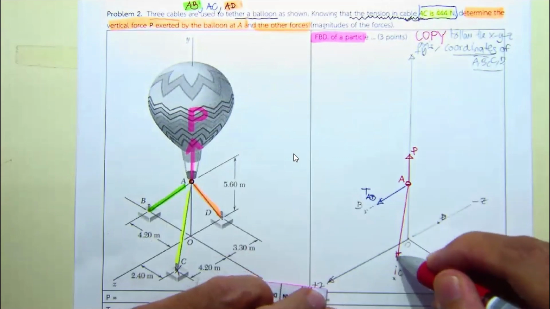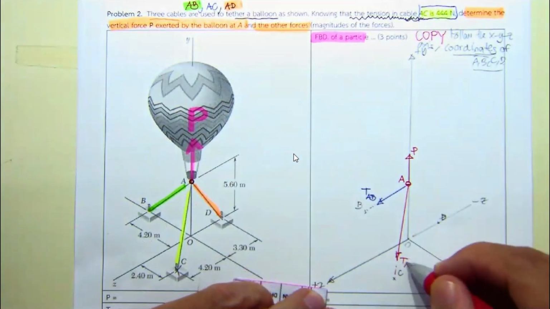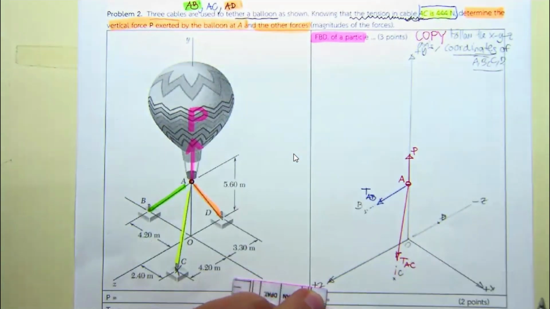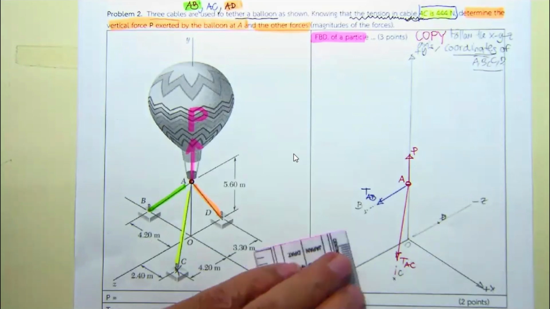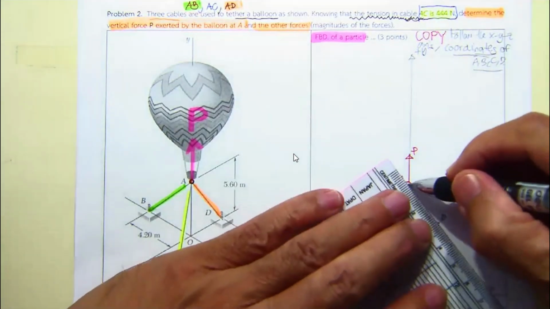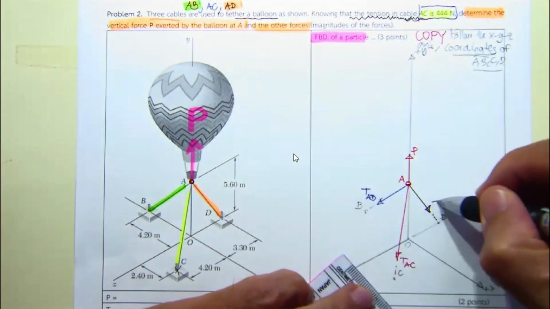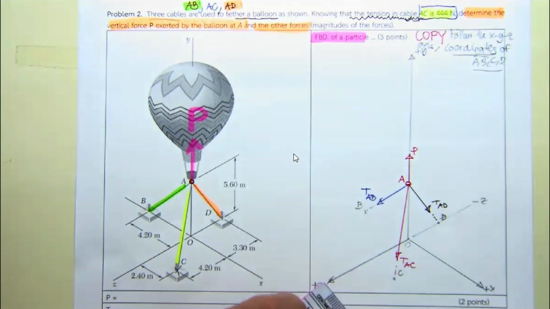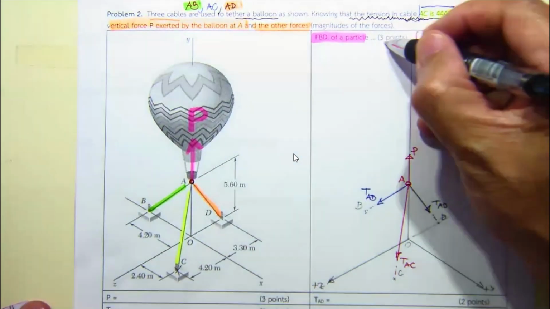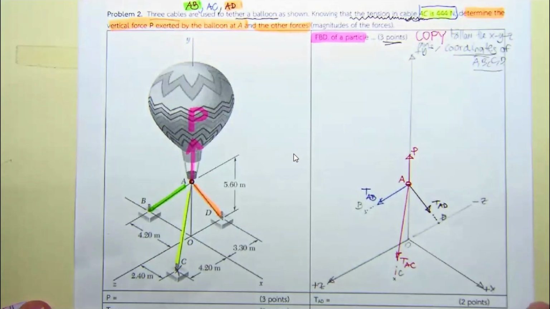This is going to be the force P sub AC. And also the other one, you have AD. This is going to be the force P sub AD. Not finished yet. This is 3 points. Not a copy.